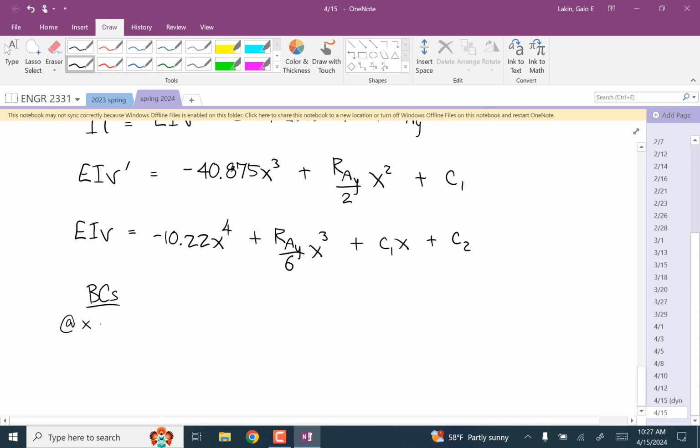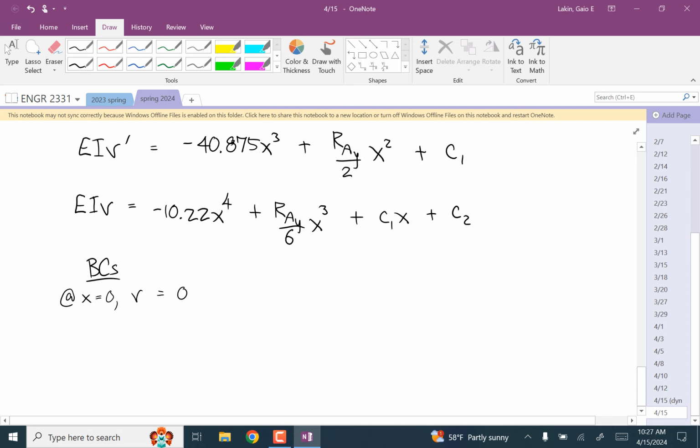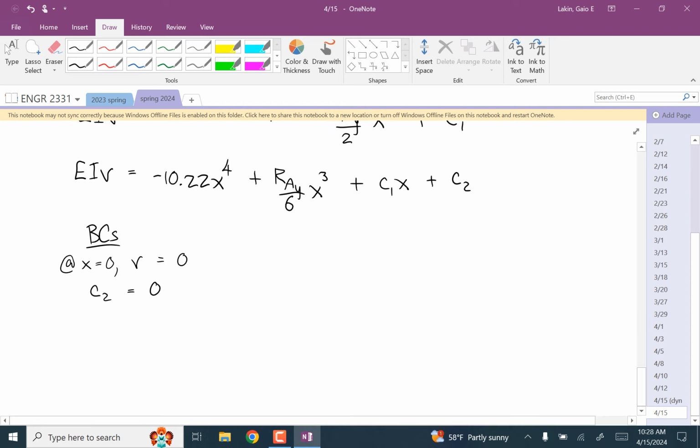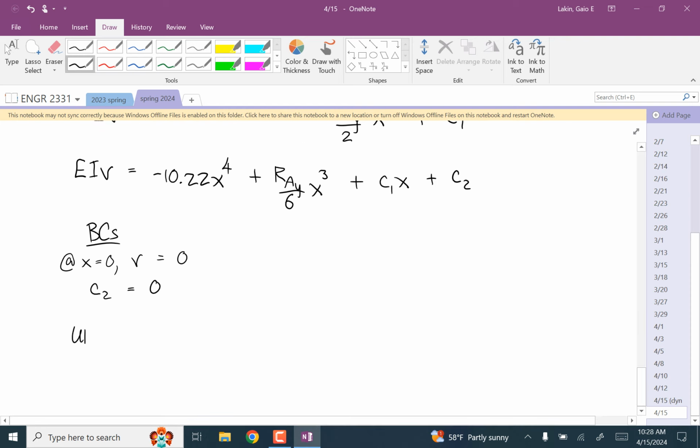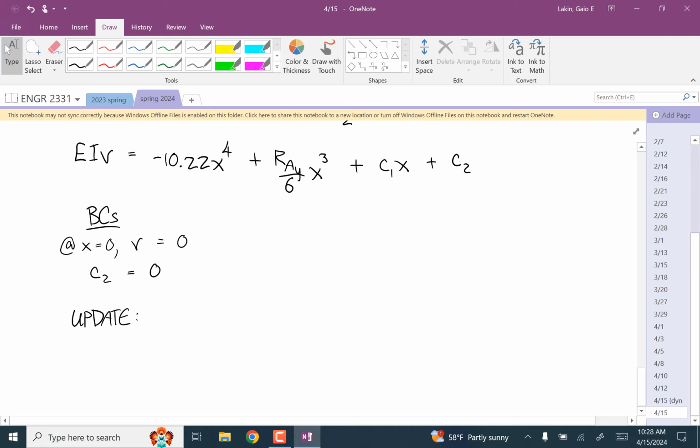So at x equals 0, the deflection has to be equal to 0. That says 0 plus 0 plus 0 plus C2 has to be equal to 0. As we go, I'll continue updating these functions.